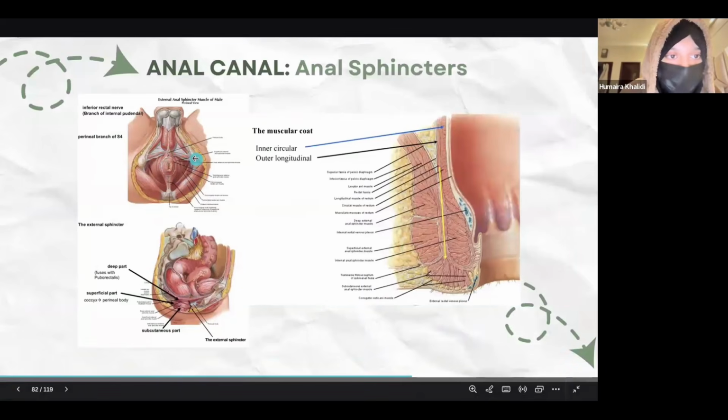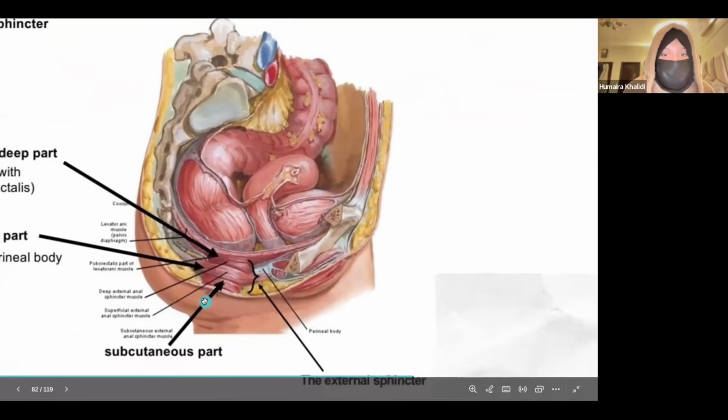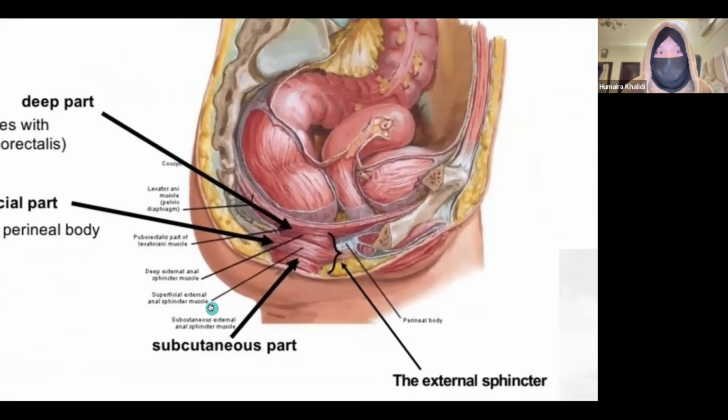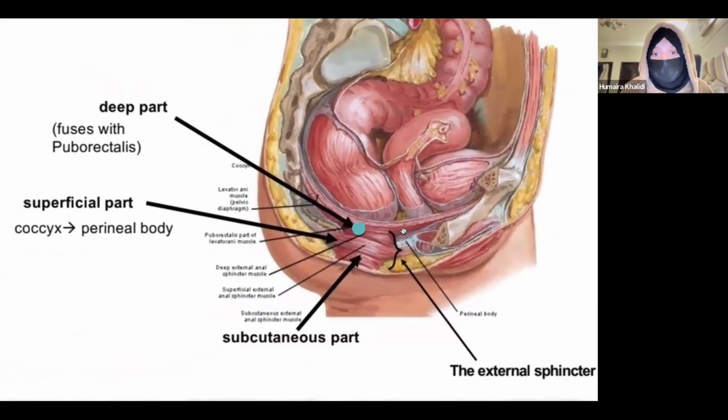There's a good picture over here. This is the superficial part. You see how it's in the middle? This is the subcutaneous part. So these are all the external sphincters. These are the muscles: the subcutaneous part, the superficial part, the deep part. But do you see what this muscle is?